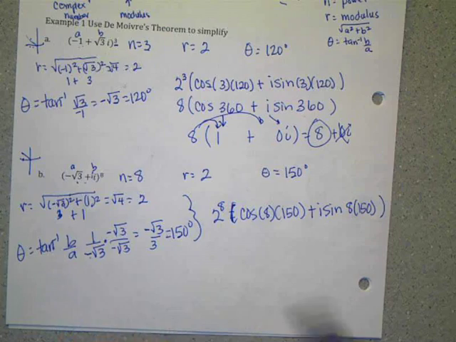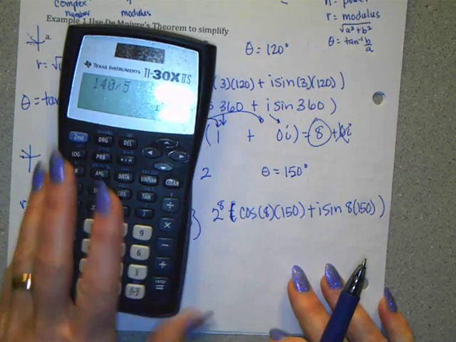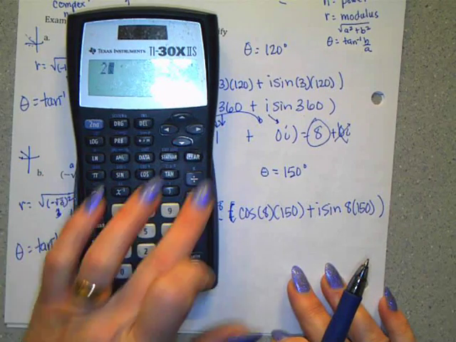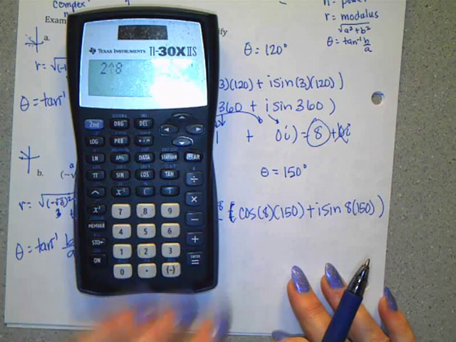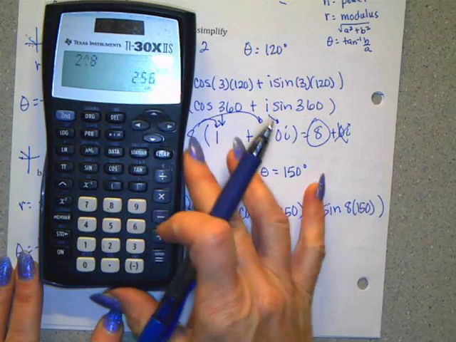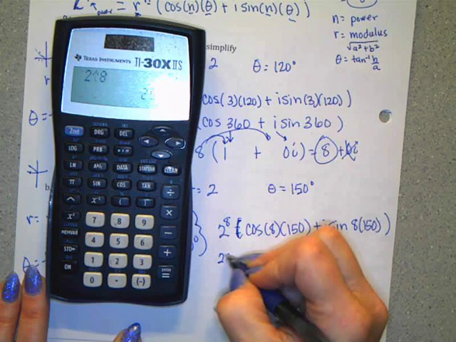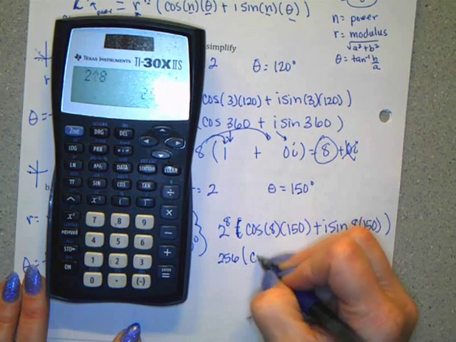I owe 2 to the 8th. Here's my calculator so you can see it. 2 raised to the 8th power is 256.